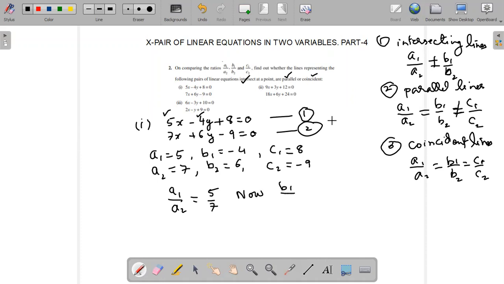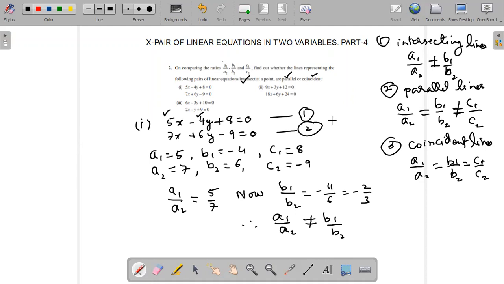B1 upon B2 is minus 4 upon 6, minus 2 by 3. So they are not equal. 5 by 7 is not equal to minus 2 by 3. Obviously, one is negative, the other positive, they cannot be equal. So therefore, we got A1 upon A2 is not equal to B1 upon B2.